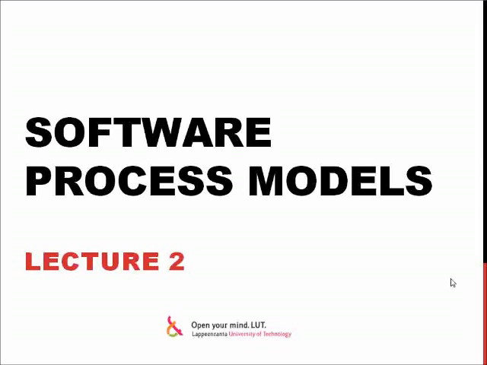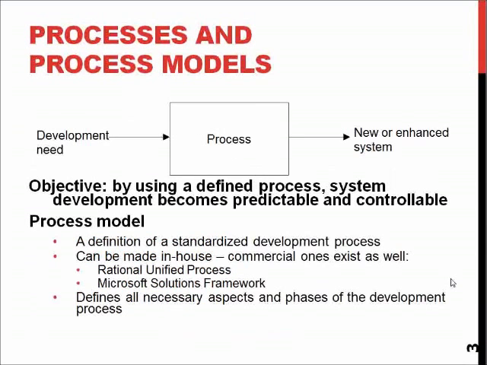So going into the software process models, we start simply by defining what the word process means. There's no magic involved here. The diagram gives us the basic idea of what the process and process models mean. We have a development need, and to give an answer to this need, we want to have a new and enhanced system.